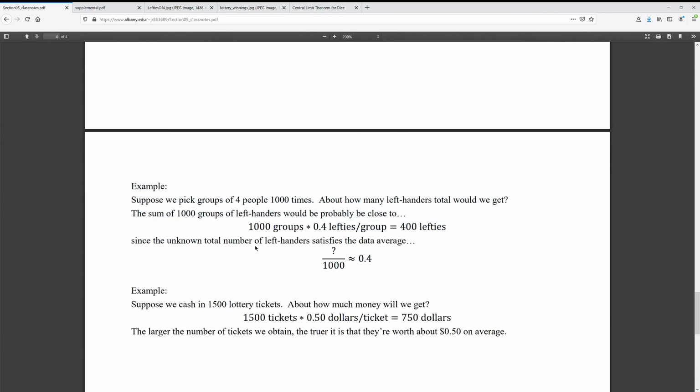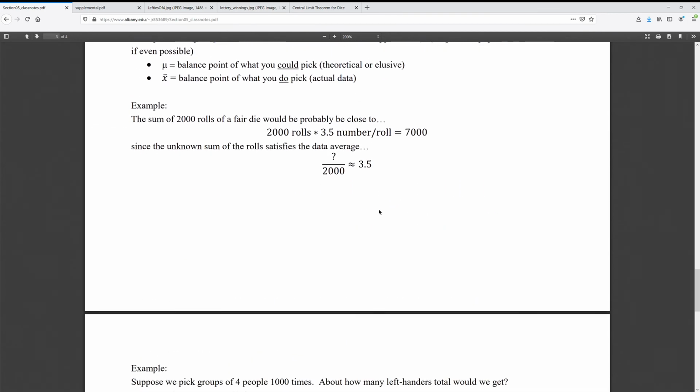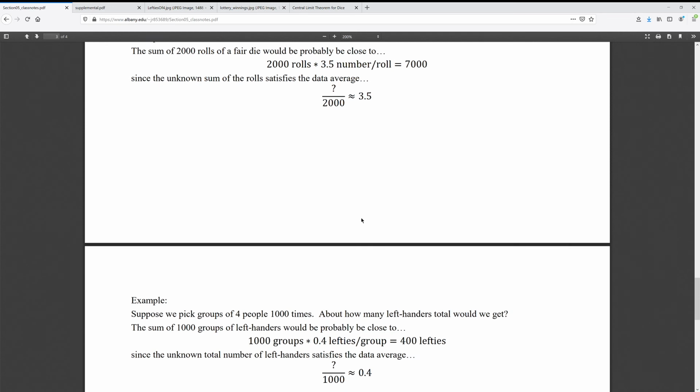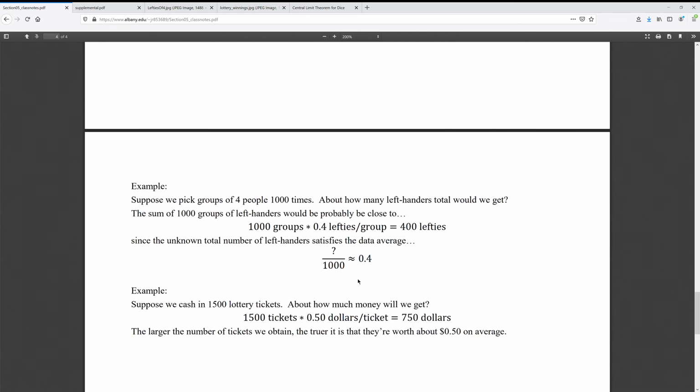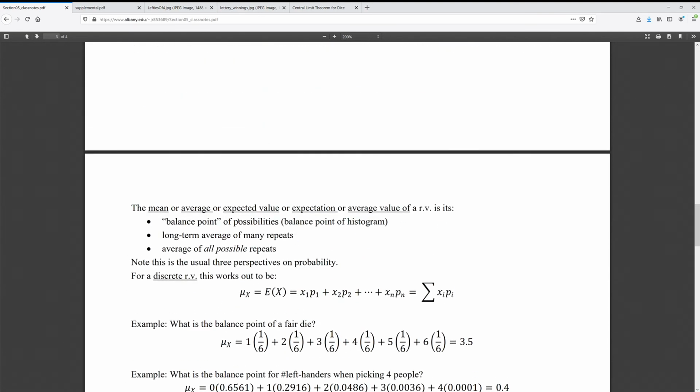Oh, by the way, while we're here, whether it's 0.4 left-handed people per group, or 3.5 on the die, or 50 cents, half a dollar for the lottery ticket, bear in mind what I said in the first place, which is that expected value is a pretty stupid thing to call this, because it's not a value. Take the die. The values are 1, 2, 3, 4, 5, and 6.